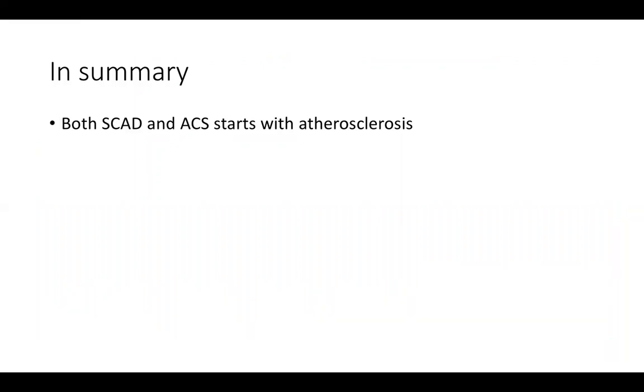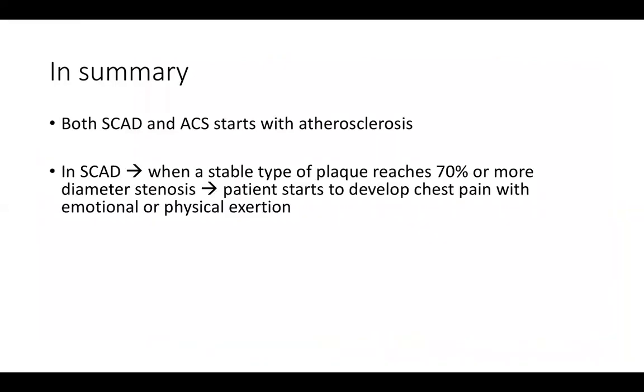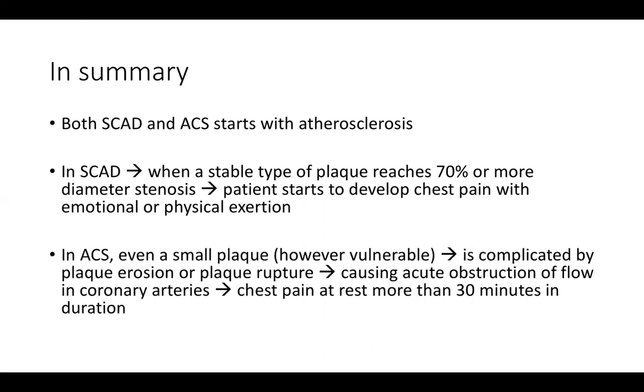In summary, both stable coronary artery disease and acute coronary syndrome start with atherosclerosis that causes an atherosclerotic plaque. In stable coronary artery disease, the plaque is of the stable type, mostly fibrous or calcific. When it reaches a 70% diameter stenosis or more, the patient starts to develop chest pain that occurs with emotional or physical exertion.